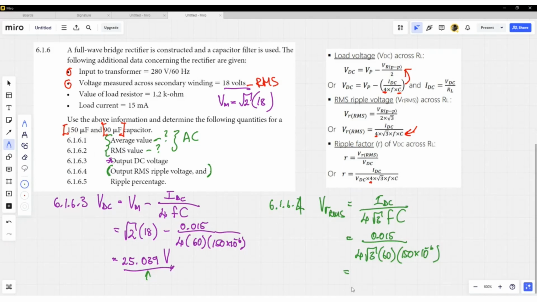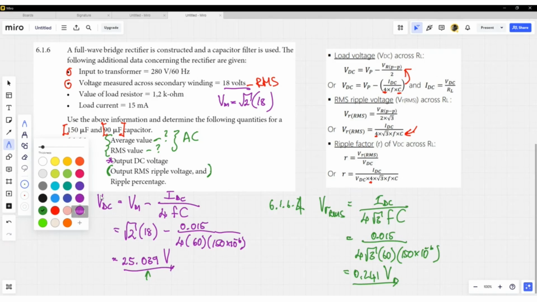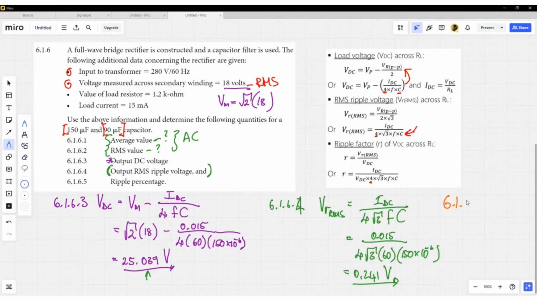So this is going to give you a ripple RMS of 0.241 volts, so 241 millivolts basically. Very, very small. And then your ripple percentage or your ripple factor. So ripple factor, that's going to be VR over VDC. In this case, they're asking a percentage, so you can just multiply that with 100.